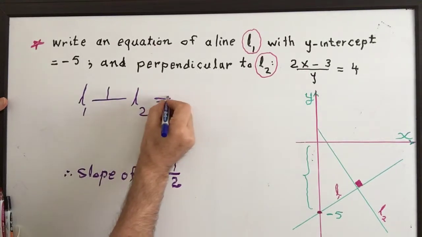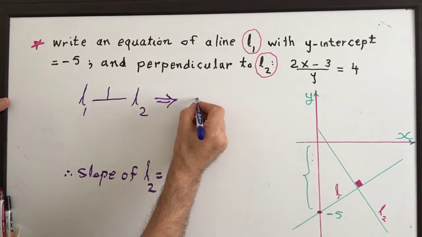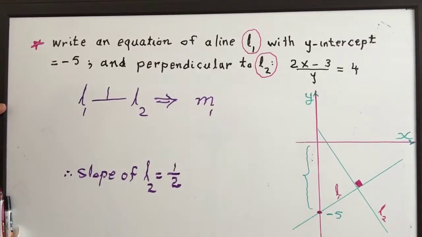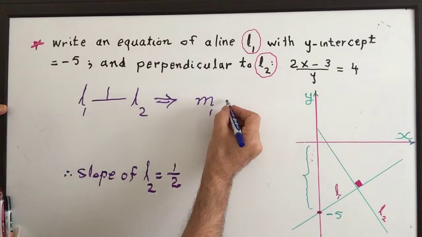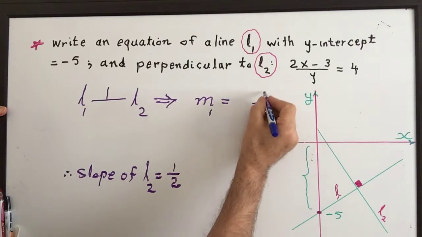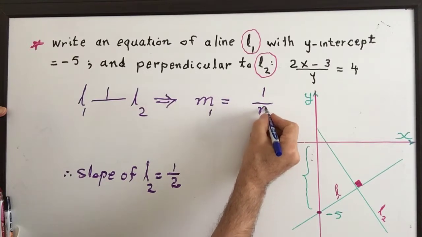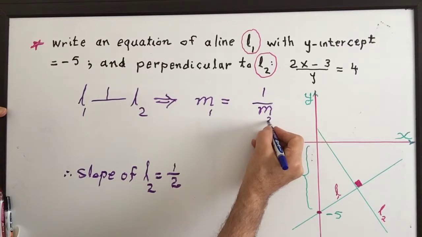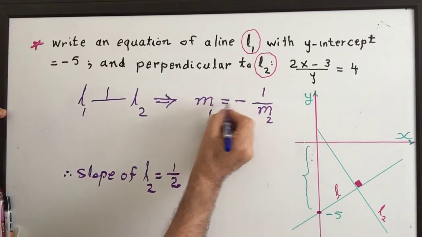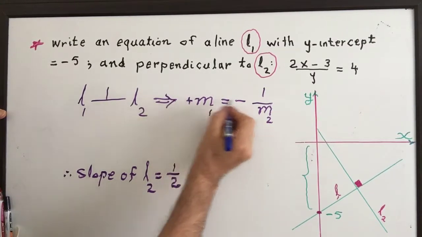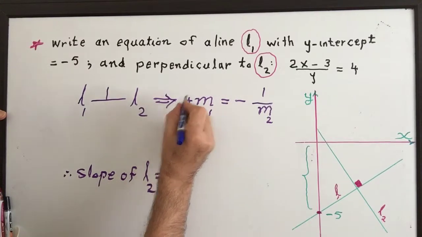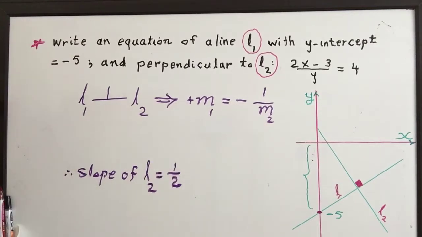That means the slope of L1, let me consider it M1, is equal to the inverse of the slope of L2, that means 1/M2, and the inverse of sign also. If this is positive, this will be negative, or if this is negative, this will be positive.